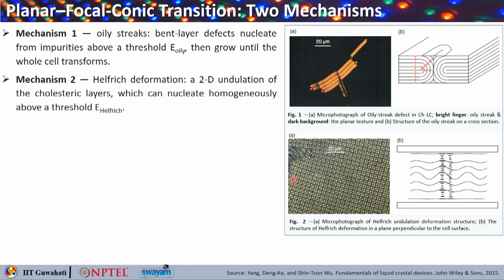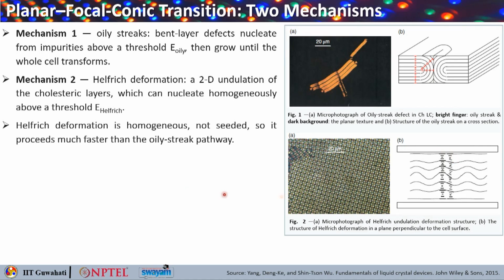Now you see the second mechanism, which is Helfrich deformation. This is a 2D undulation of the cholesteric layer which can regulate homogeneously above a threshold called E_Helfrich. This is the microphotograph of the Helfrich undulation deformation structure. Here you see the deformation shown in a plane perpendicular to the cell structure.